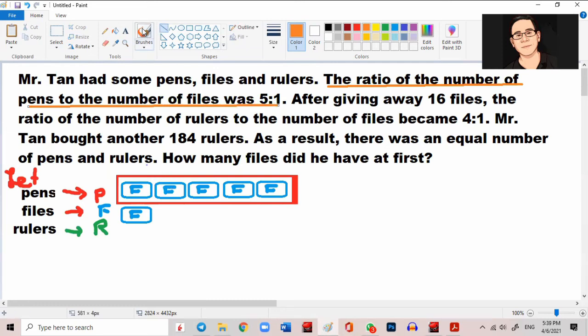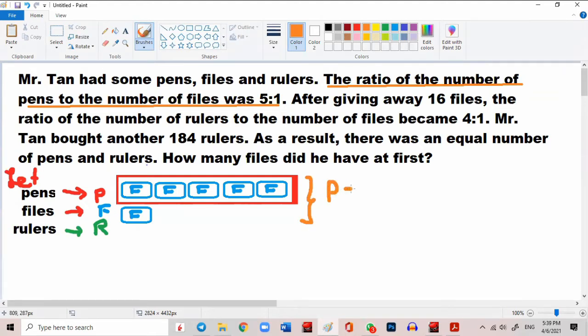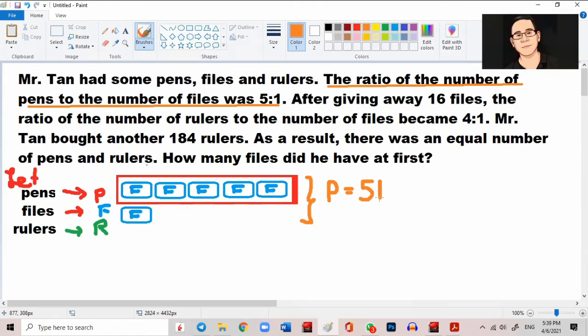You can see that the pens have 5, the files have 1. So can I write pen is equal to 5F? Can you see the picture is 5 times F?